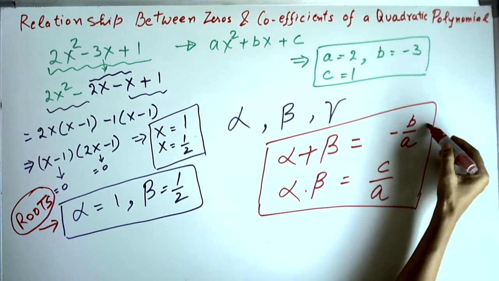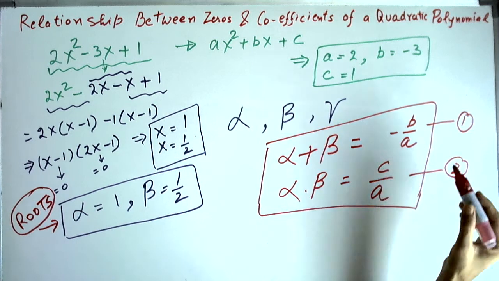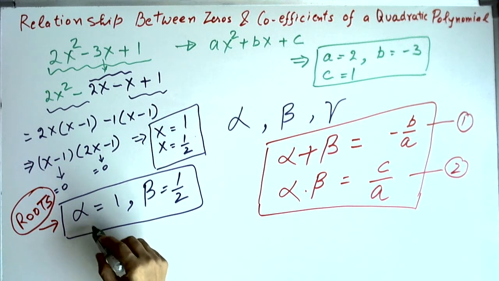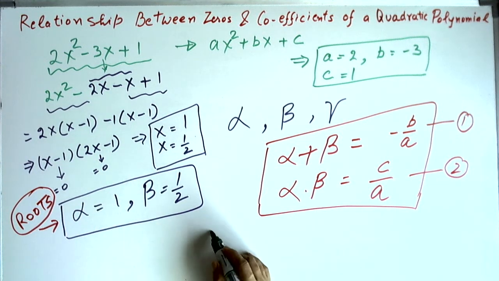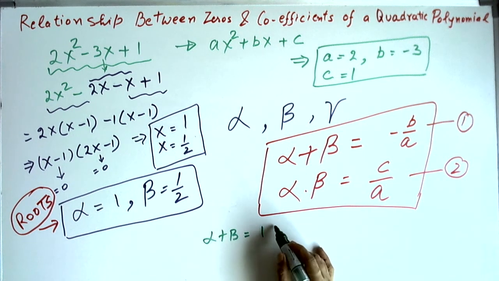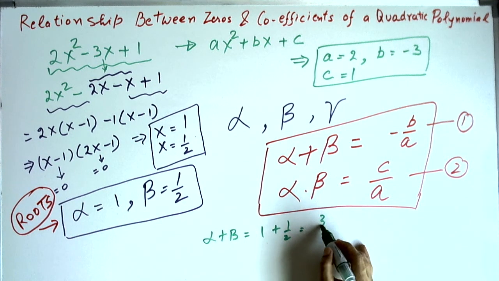So let us check the first one. Alpha plus beta, the sum, will be equal to alpha is 1, beta is 1.5 hmm, beta is 1/2, so it becomes 3 by 2.